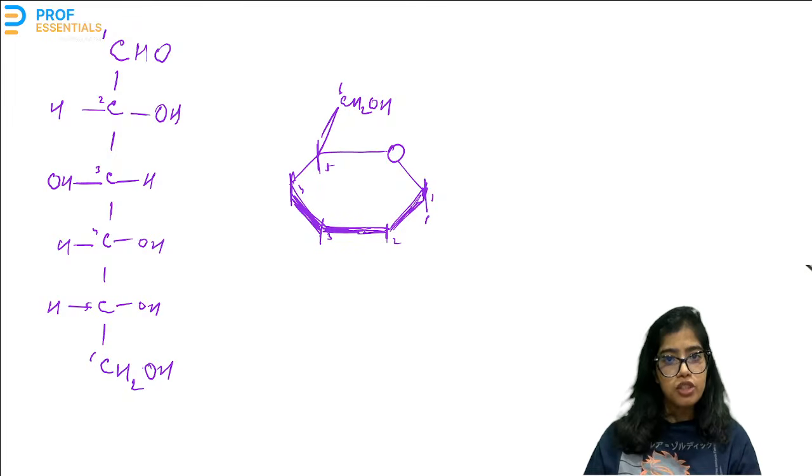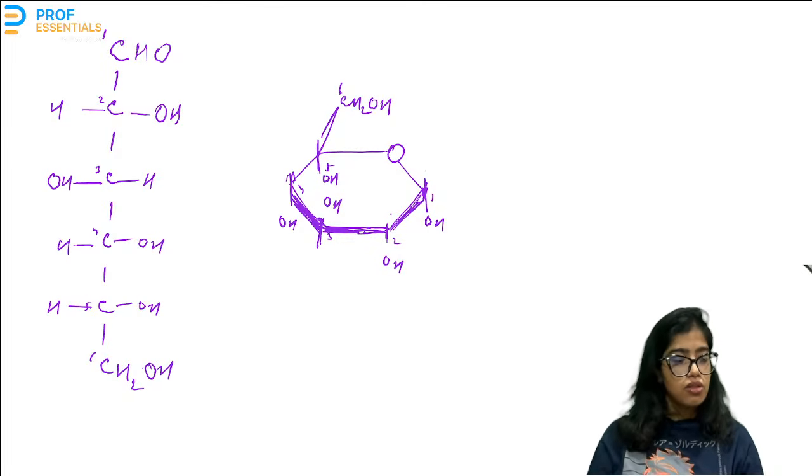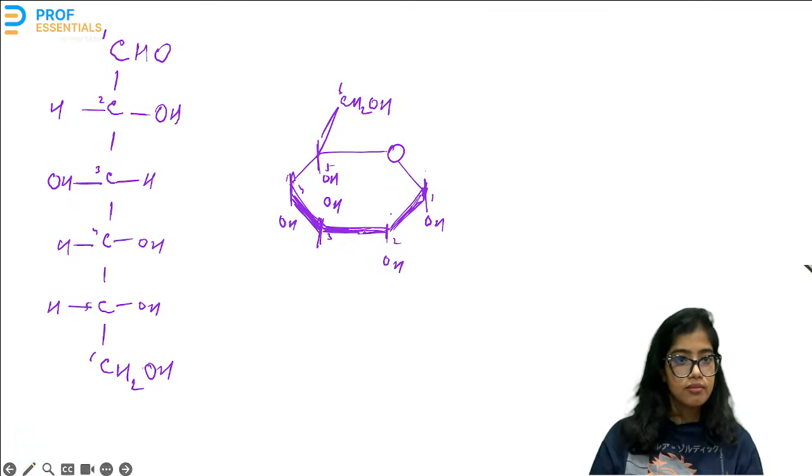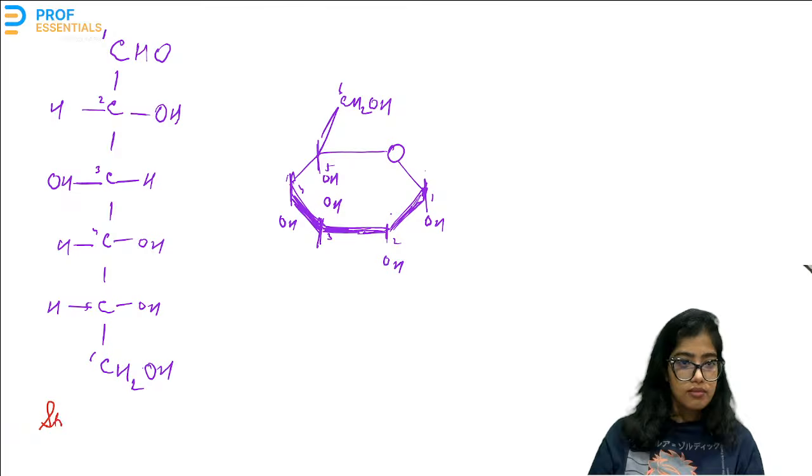So you only mention OH, and it is assumed that this is H, this is H. Now the third carbon, it is opposite. So OH will be above. Now this is again OH, this is again OH. Understood? So this is the Haworth projection.